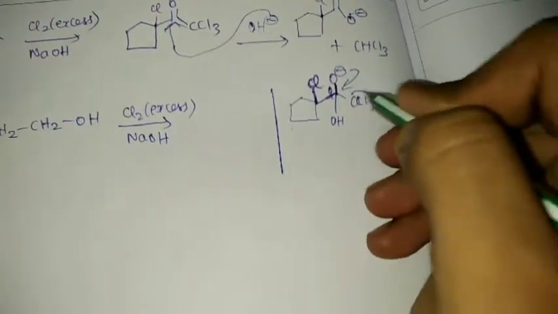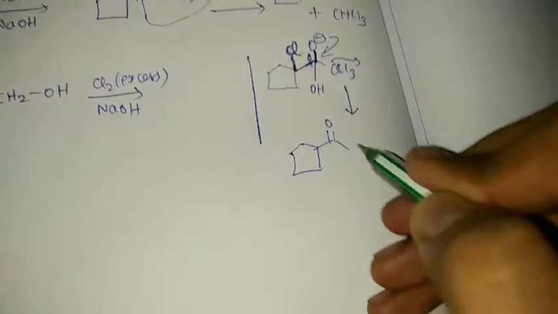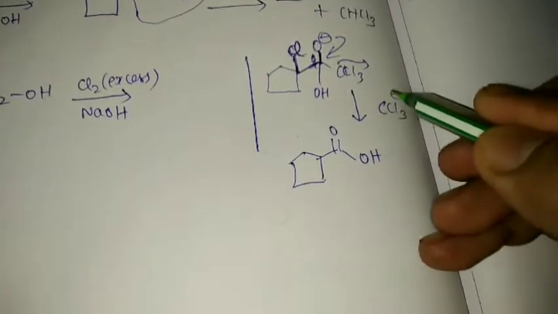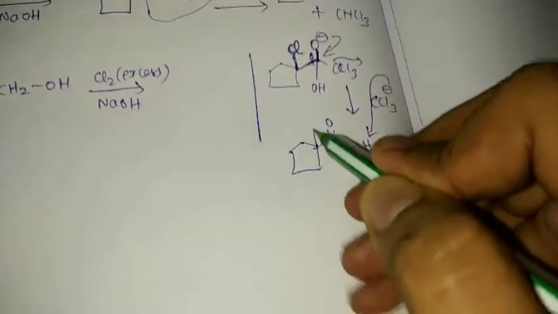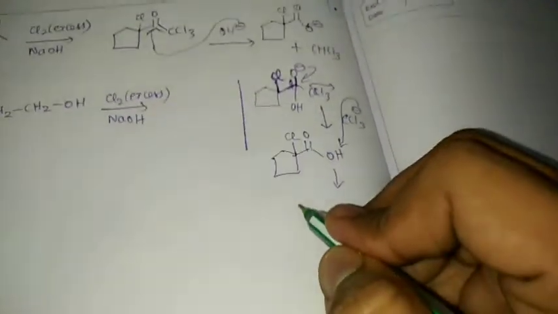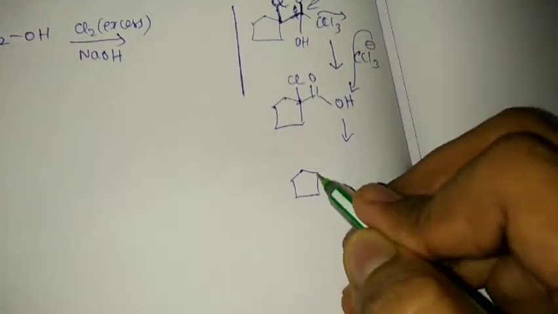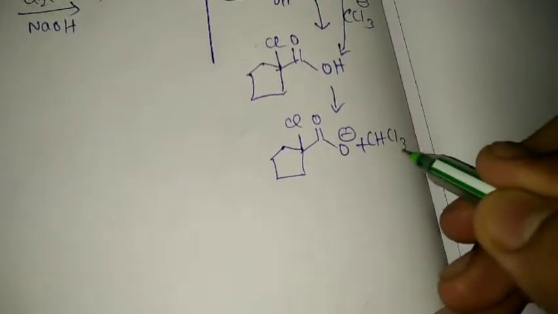Now this comes over here and this leaves, leading to this compound, double bond OH. Now CCl3 minus exists, right? This captures this proton to form Cl double bond O minus plus CHCl3. This is chloroform. So this is actually the haloform reaction basically.